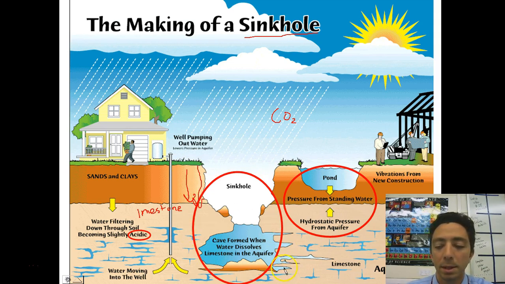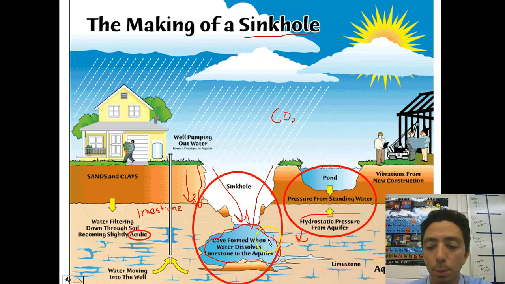And when it hits the limestone, it can actually dissolve big caves of limestone. And if you lose too much of the stone below, or the water is not filling all the little pores in that very porous limestone, that hydrostatic pressure is going to decrease. And if it decreases too much, you get a sinkhole where the ground above collapses in because there's nothing pushing it and holding it back up. And so that's kind of how sinkholes are formed.